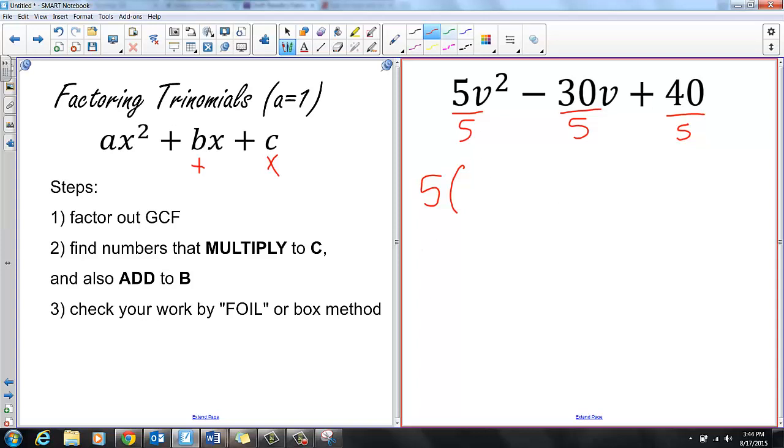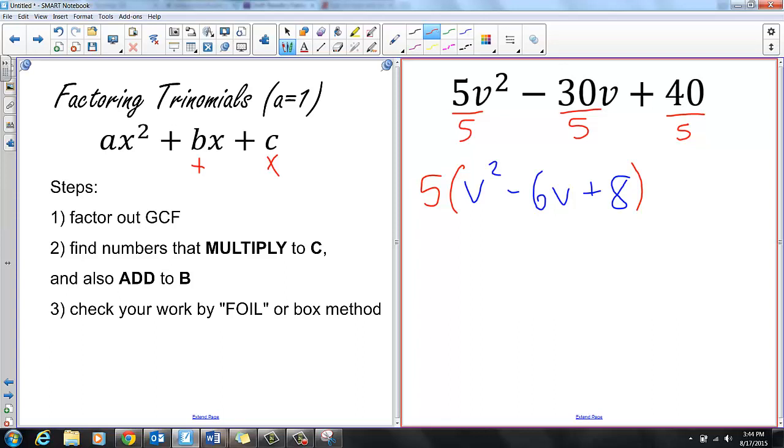So when we divide 5v squared by 5, we're left with a v squared. When we divide negative 30v by 5, we're left with a negative 6v. And when I divide 40 by 5, I'm left with positive 8.